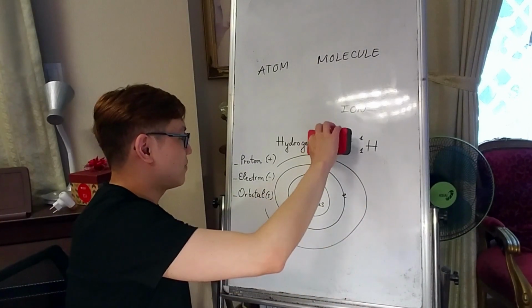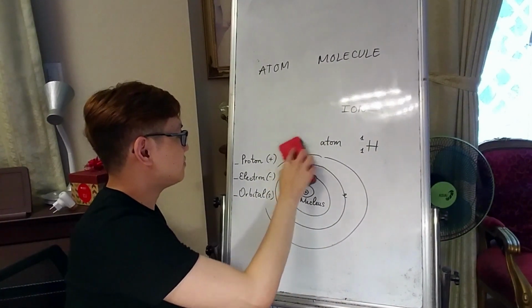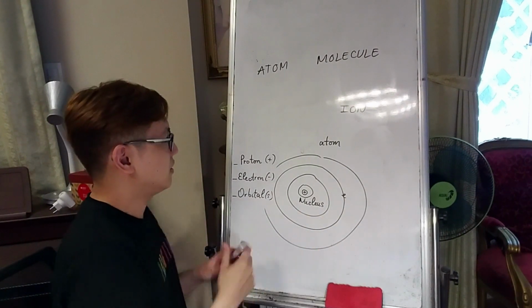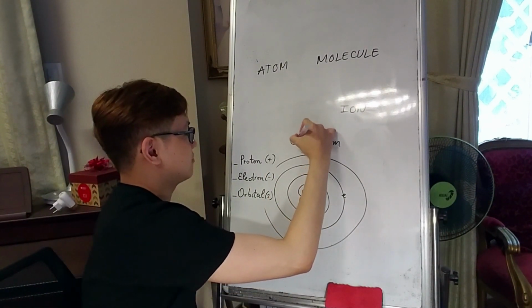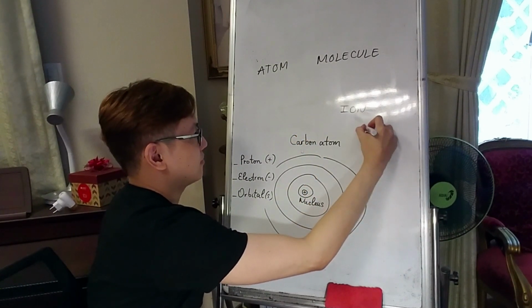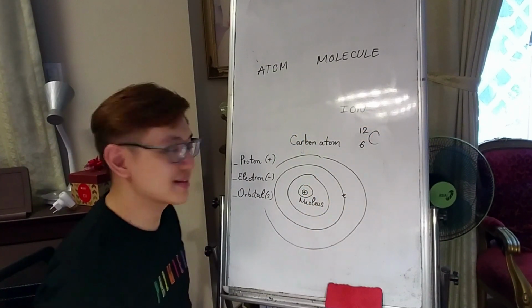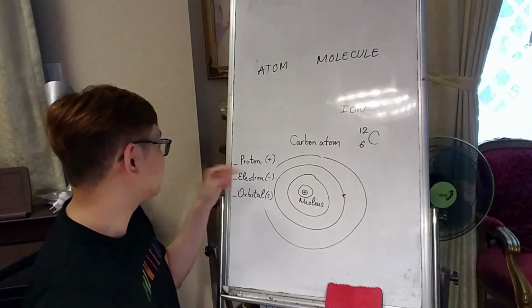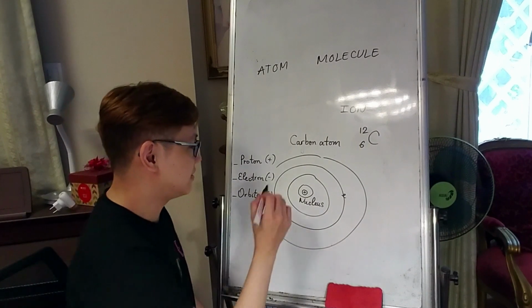Let's talk about another one. For example, carbon. The carbon atom. So we have carbon 12-6. So you're gonna have 6 protons inside the nucleus.